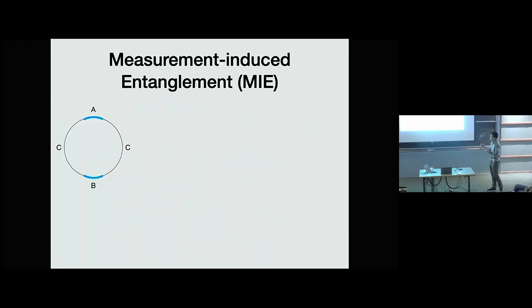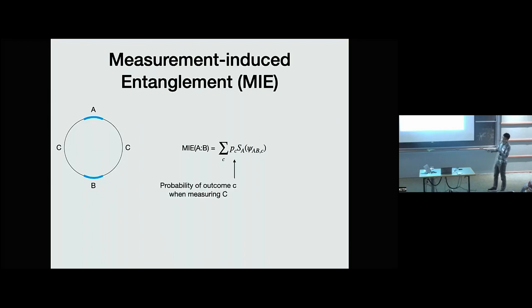Okay, so now let me just get the definition clearly across. So we start out with a pure state, and we try to partition it into A, B, and C. And we'll want A and B to be small intervals that are far apart, and C to be everything else. Then the measurement-induced entanglement is defined as follows. So we perform measurement on C in a given local basis. And we obtain outcome little c with some probability p_c.